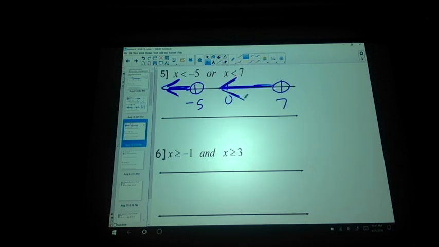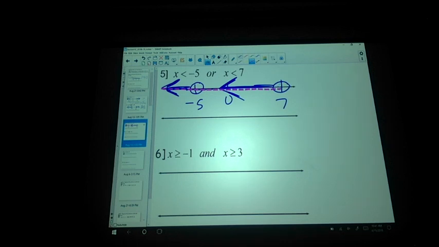All right. Or statement. What do you notice? You're going in the same direction. So I'm going to use this dotted line. Come on baby, I've made you dotted for a reason. There we go. I'd say that whole region there works.